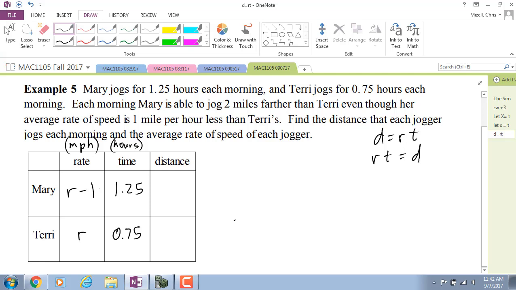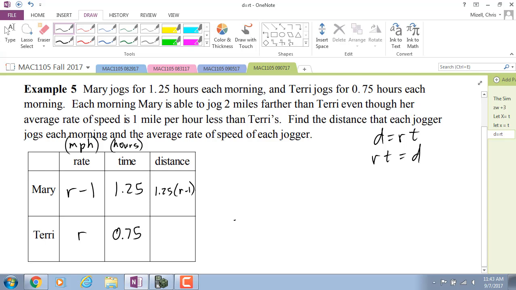Now, here's what I don't want to do. I don't want to put D's in this table as an indication of the relationship between their distances. I've got to use that relationship to set up an equation in a moment. But right now, I know that distance equals rate times time. So Mary's distance equals 1.25 times R minus 1. I can go ahead and fill in that portion of the table, because if I multiply those two quantities together, that's going to be that distance.